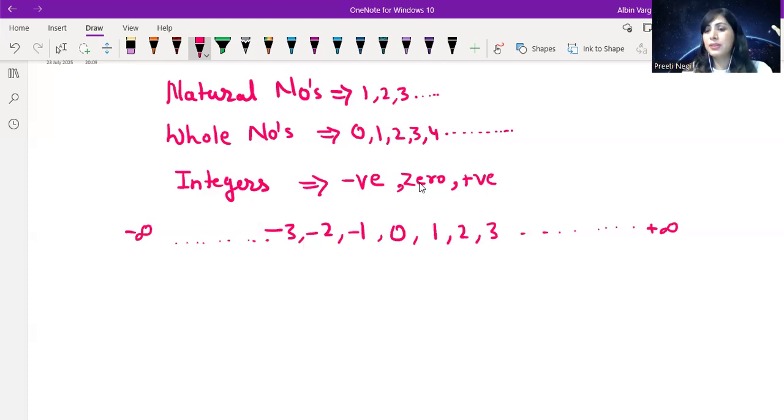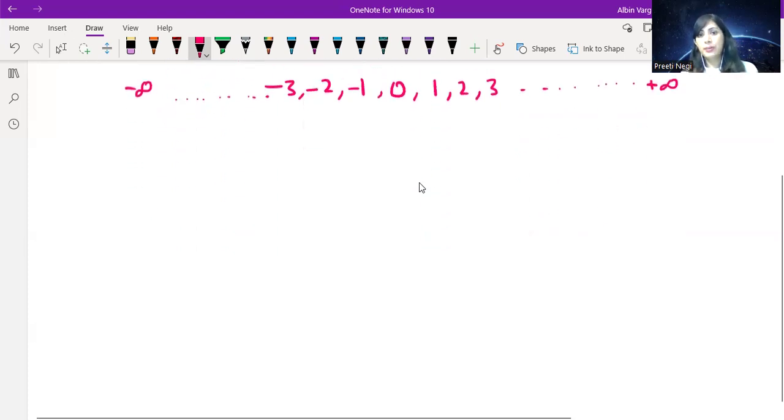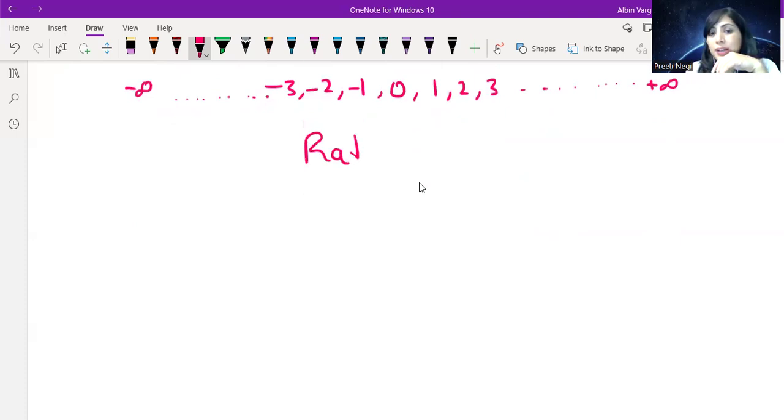So other than these numbers, we have rational numbers. So what are the rational numbers? The main topic is here, rational numbers. Right? So what are the rational numbers?